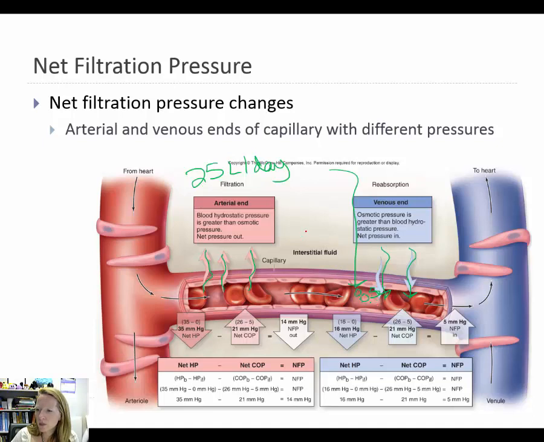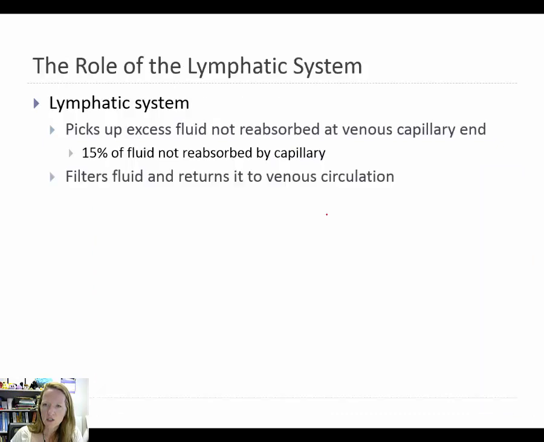Sure, you're thinking, well, what happens to the other 4 liters? We can't have 4 liters that is going to stick around in the tissues. No, we can't. So that's why we have the lymphatic system. It actually goes in and picks up all of this excess fluid that's not reabsorbed on the venous end, and eventually gets back into the venous circulation.